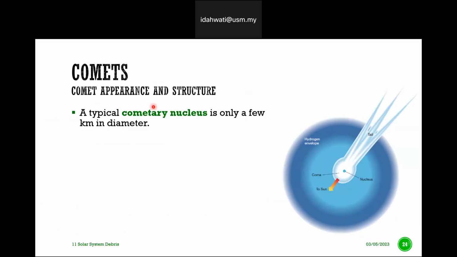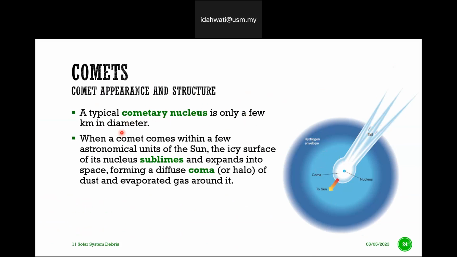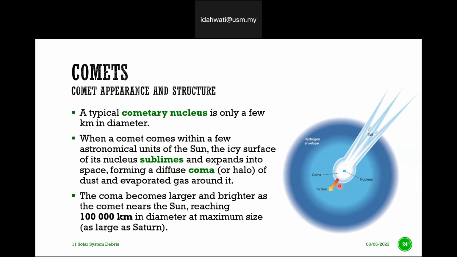So the comet's appearance and structure. Okay, we can see here the coma and nucleus in the middle, the direction to the Sun, and the tail here. A typical cometary nucleus is only a few kilometers in diameter, and the ice surface of its nucleus sublimes and expands into space, forming a diffuse coma or halo of dust and evaporated gas around it.